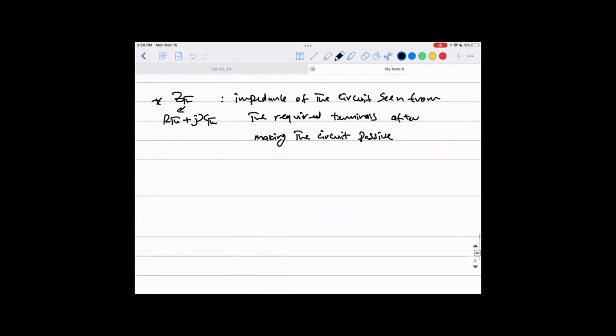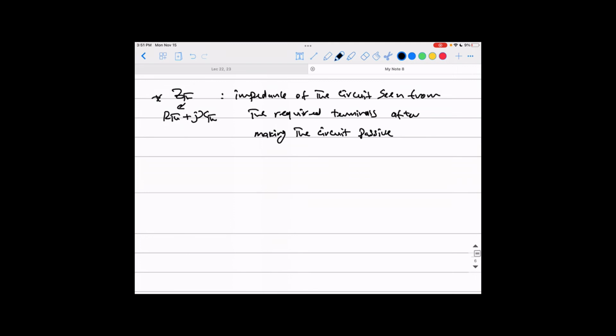What do I mean by a passive circuit? The passive circuit means you get rid of the sources: the voltage sources you make short circuited, and the current sources, if you have any, you make open circuits. That is how you make the circuit passive.